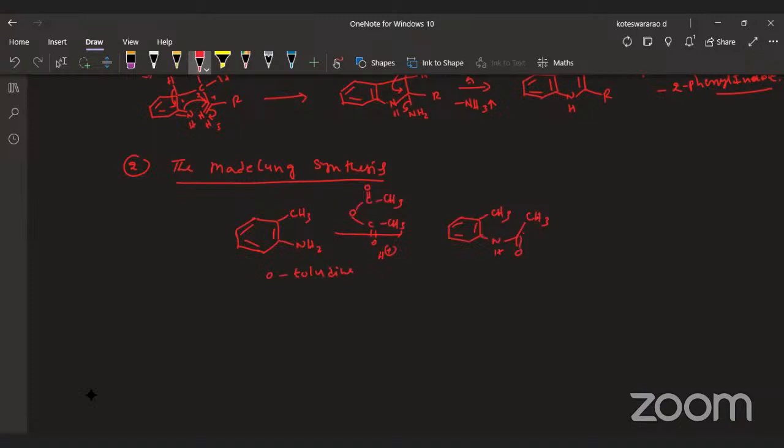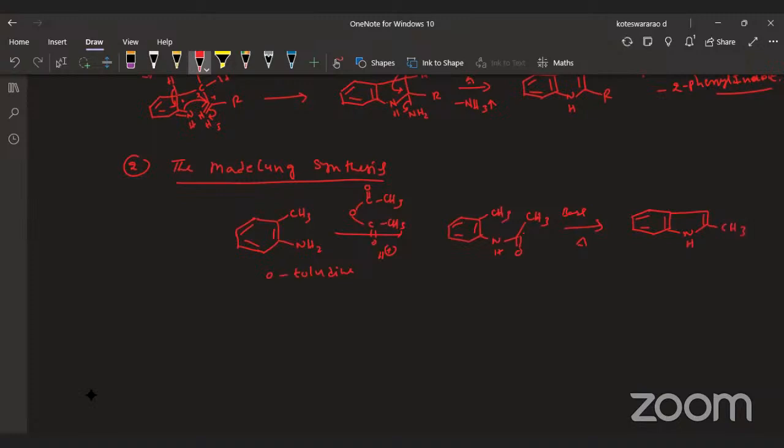This N-acyl ortho-toluidine is treated in the presence of a base, like sodium hydroxide, a strong base, and heated. Then it leads to the formation of 2-methyl indole. 2-Methyl indole is the product. This is called the Madelung synthesis.